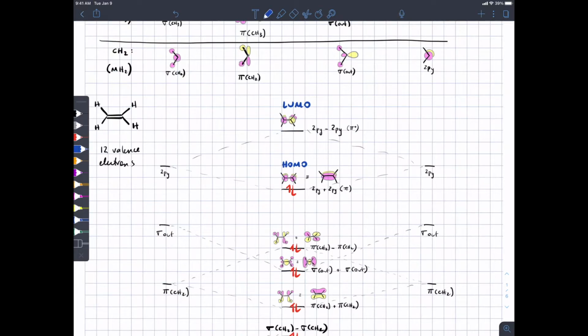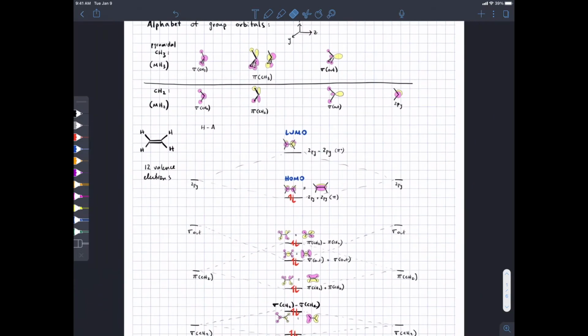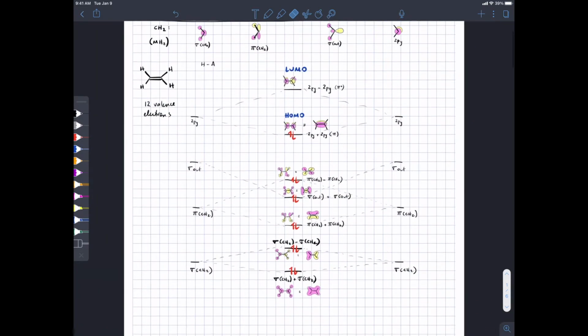And that's why when you, for example, expose an alkene to a strong acid, the pi electrons in that 2py plus 2py orbital attack the proton of the acid. Nucleophile attacks electrophile.